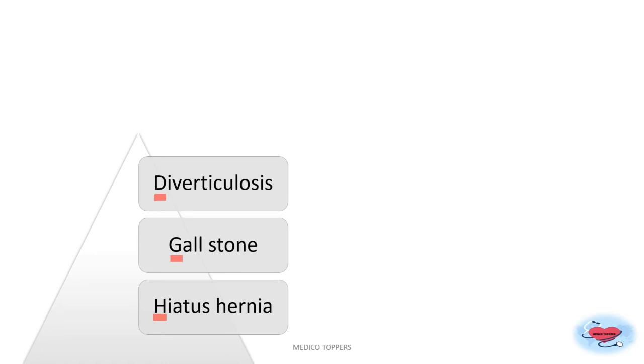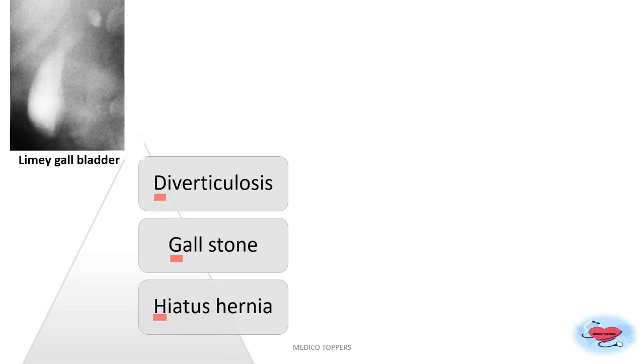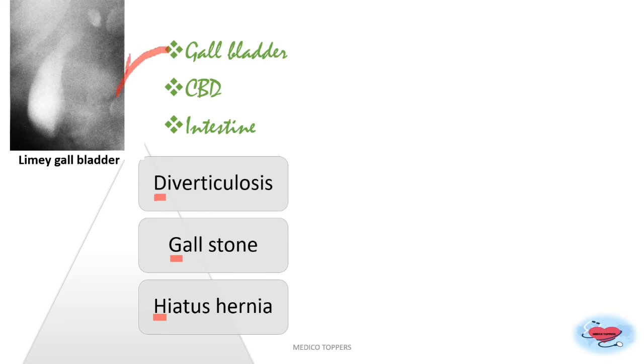And the gallstone effects can be seen in gallbladder, CBD or intestine. If we think about gallbladder, it may lead to limey gallbladder. What is that? Sometimes gallbladder may be filled by toothpaste like material, which is a mixture of calcium carbonate and phosphate. And on plain X-ray, it looks like an opacified gallbladder, that is known as limey gallbladder.